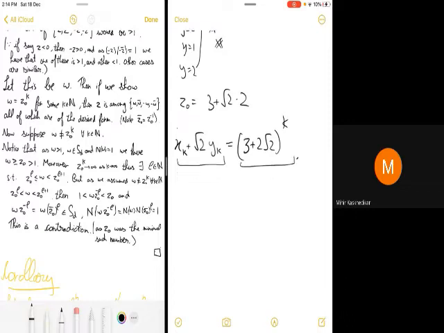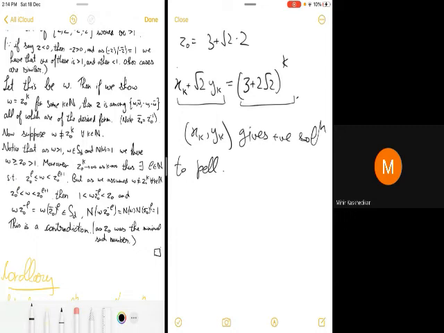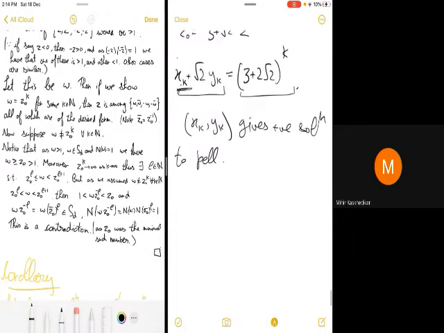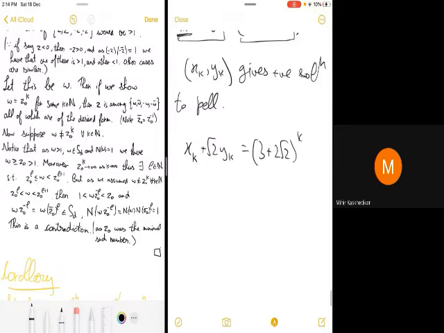Let's say xk, yk gives all positive solutions to Pell. Moreover, notice that we can actually exactly calculate what xk and yk are, because of the property about conjugation, that conjugation is multiplicative.